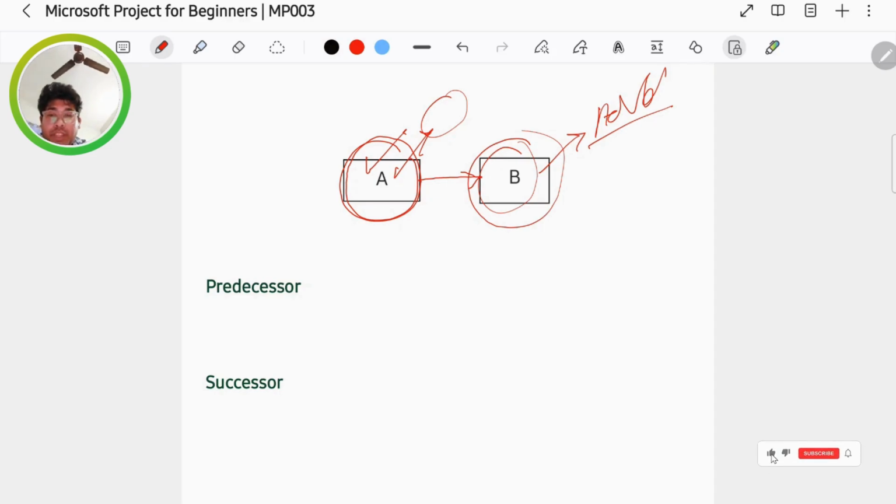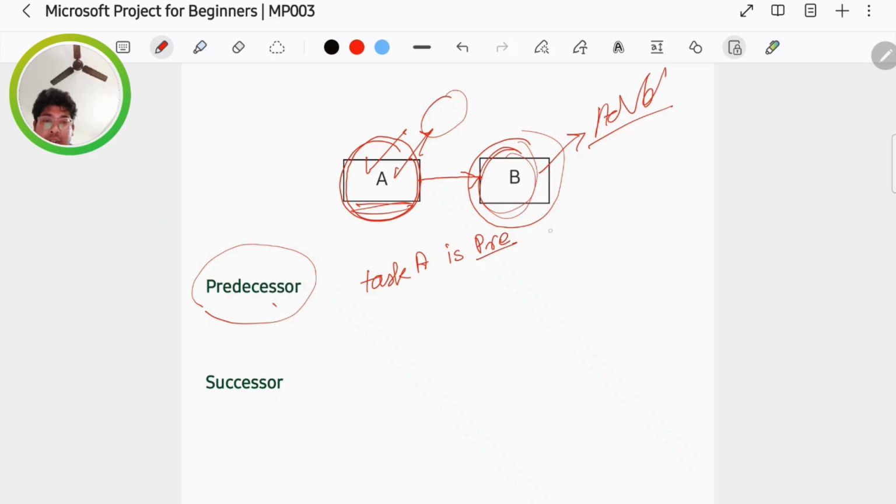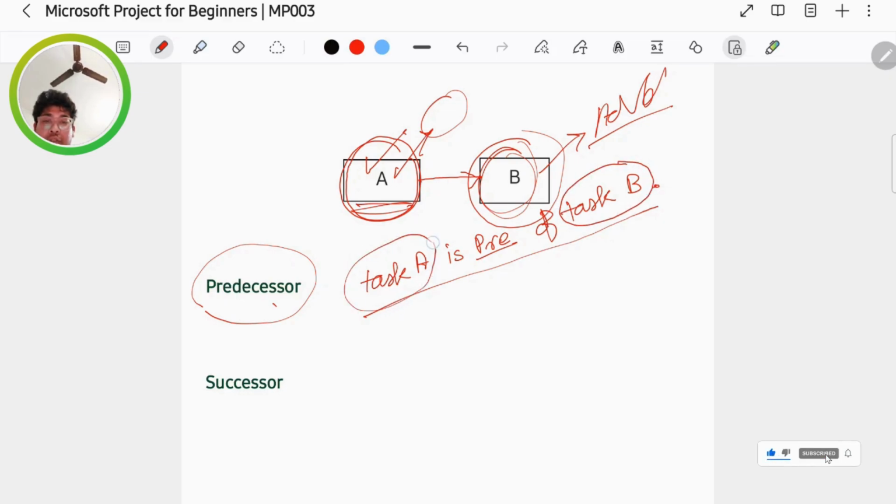In the terms of project management or Microsoft Project, we will say that task A is the predecessor of task B. If it is written that task A is the predecessor of task B, that means before starting task B, task A should be done.